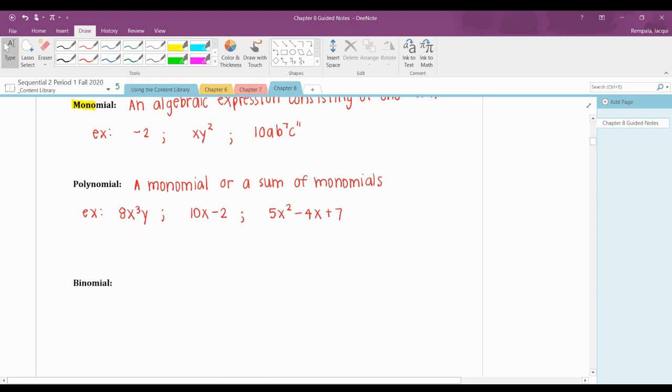Our next vocab word is binomial. This is going to be an algebraic expression consisting of two different terms.